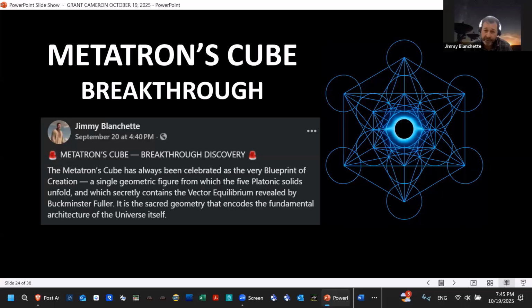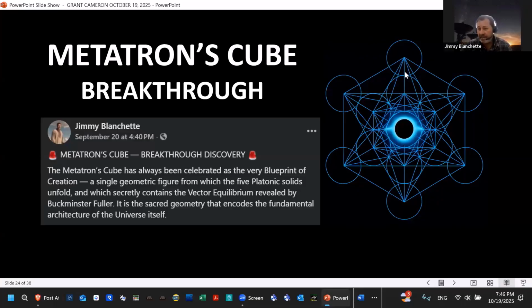It is the single geometric figure from which, first of all, the known Platonic solids arise, like the tetrahedron, the cube, the dodecahedron, which Plato said was producing the universe, and the icosahedron. So all 5 Platonic solids are contained in that structure.